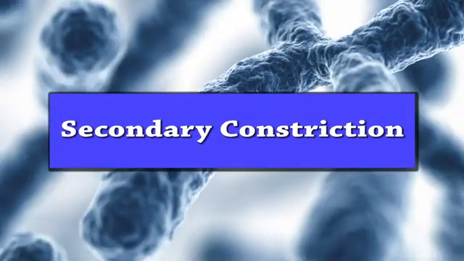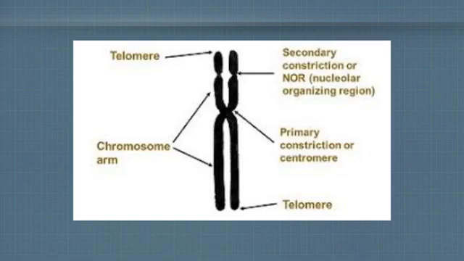2. Secondary constriction. Along with the primary constriction, another constriction is present on only one or two pairs of specific chromosomes. Such a constriction is called a secondary constriction, and it is characterized by nucleolus formation.